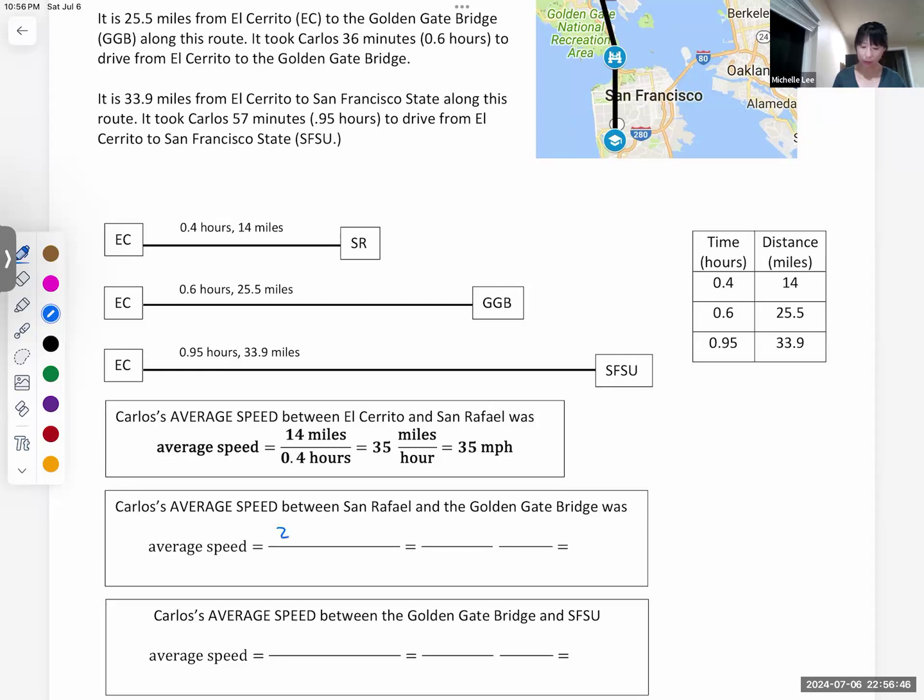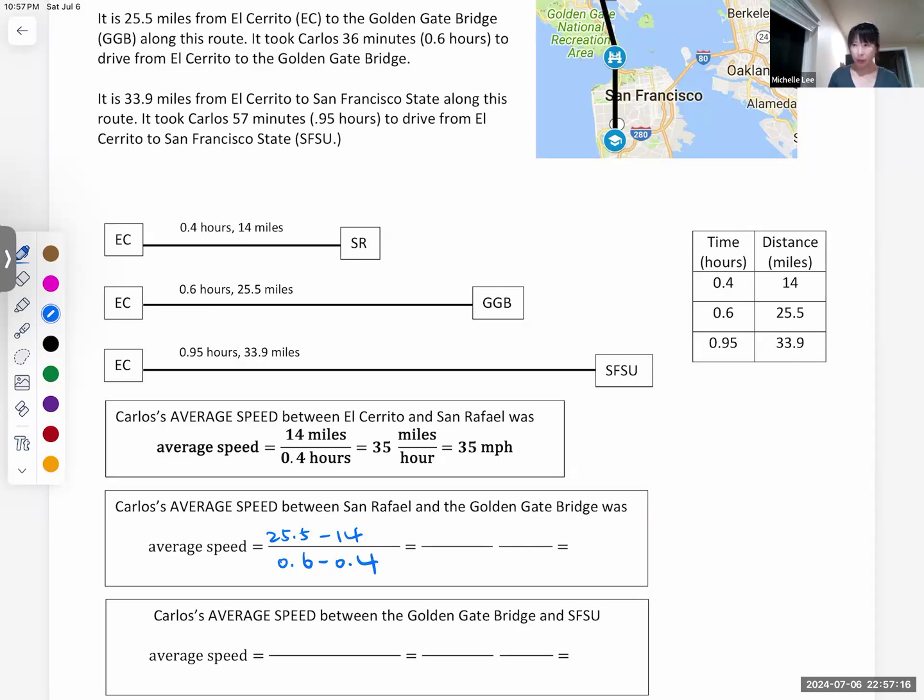25.5 minus 14. Okay, 25.5. And then 0.6 hours minus 0.4, right? 0.6 minus 0.4.